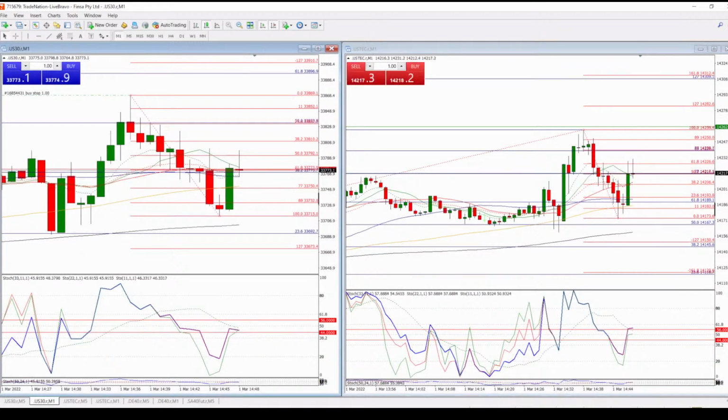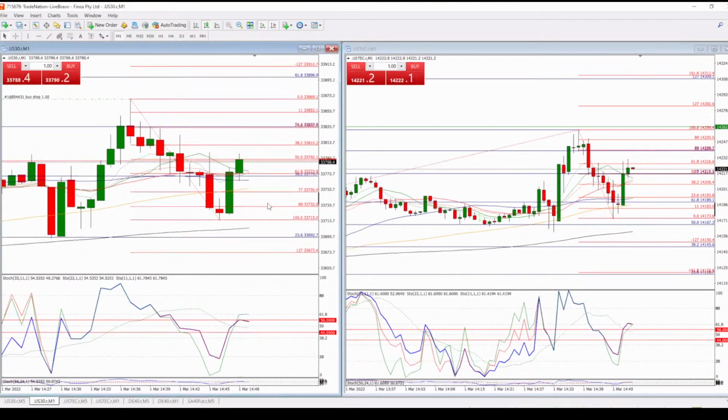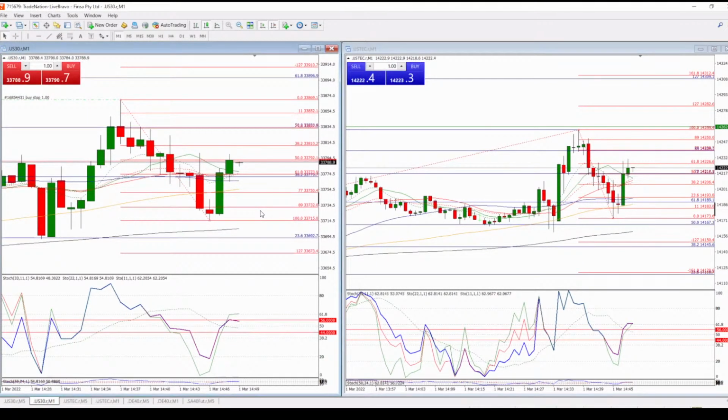Just going to check if there's any real support that I can see. We need to break the major support or the extension fib trigger. Just see what happens.